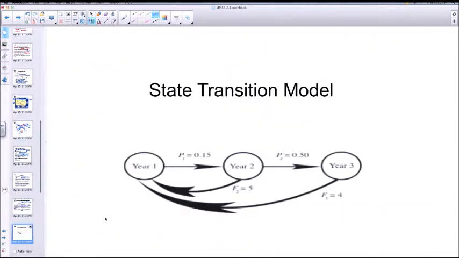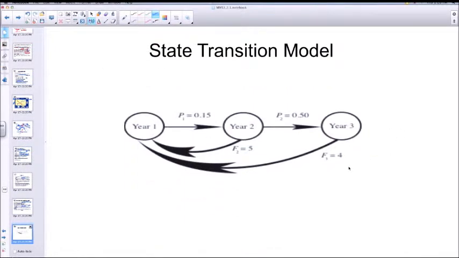You might still remember this diagram, the state machine, with H1, H2, H3. Actually, this is not a complete model. We said in H1 only 15% go to H2. What about the other 85% of the population?